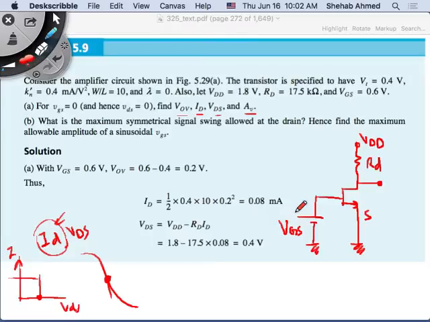Yes, ma'am. When they ask for AV, do we get the maximum value? No, they want the voltage gain at this operating point. What's the point of the AV max? It's the theoretical maximum value of gain that you can get from an amplifier depending on the components around it.